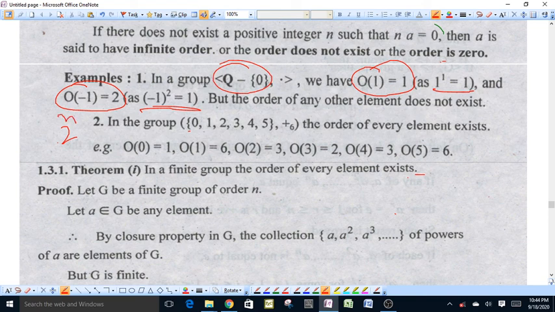There exists no n such that 2 raised to power n is equal to the identity element of this group, and that is 1. This means order of 2 does not exist. Similarly, for any other element of this group, there is no positive integer n such that a raised to power n is equal to 1.